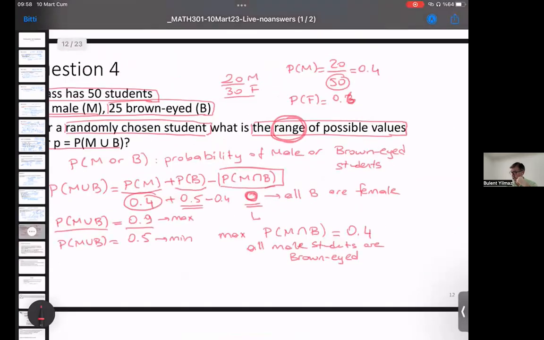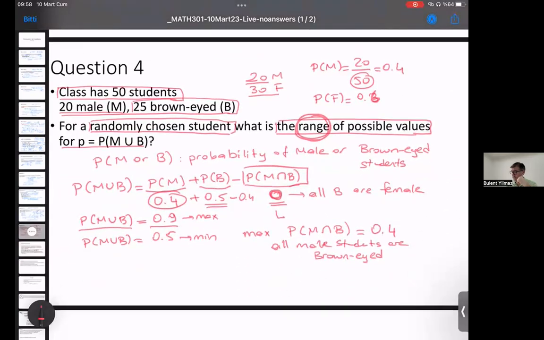That was the question. The class has 50 students, and 20 of them were male students, and 25 of them were brown-eyed students. The question was, for a randomly chosen student, I want it to be male or brown-eyed, and I want it to be found as the range of possible values.